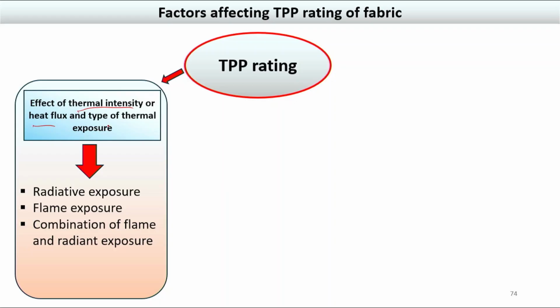So, everything will be specified for a standard and we must follow that particular standard. So, TPP rating depends on all these parameters. To have a TPP rating for a particular fabric, we need to follow a standard procedure.